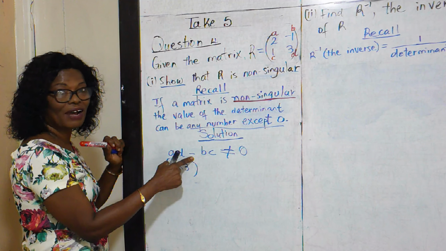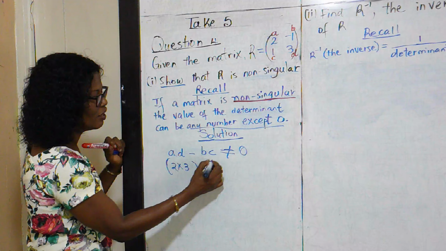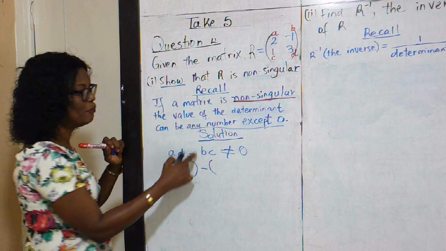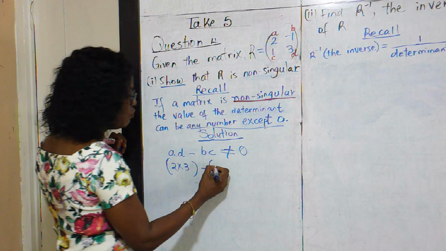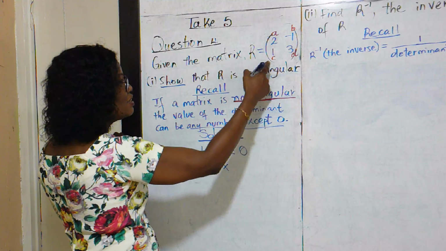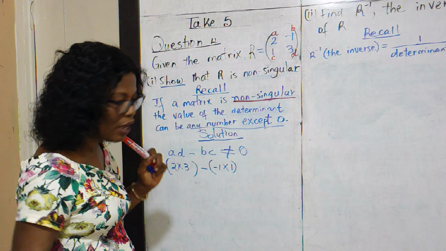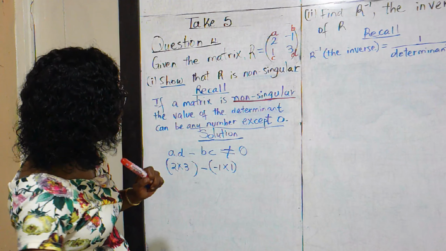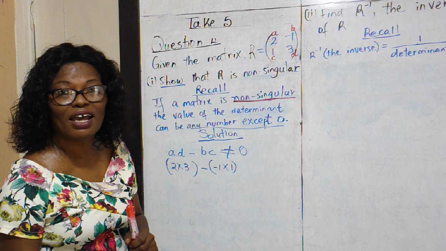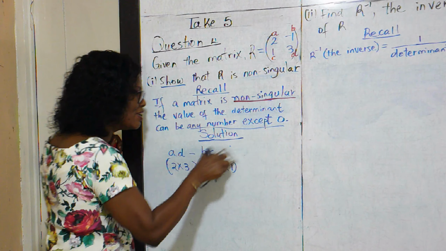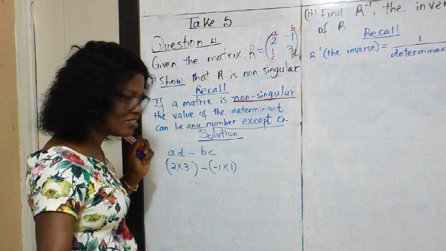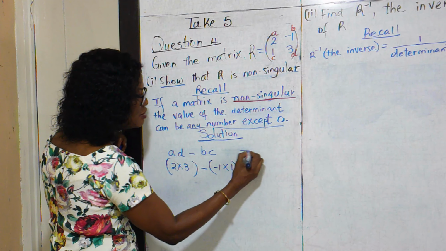Then what comes after is a minus sign. And then another open bracket, b has a value negative 1, and c has a value 1. And I always like to put the equal sign on the equal sign, or not equal sign on the not equal sign, just for alignment.